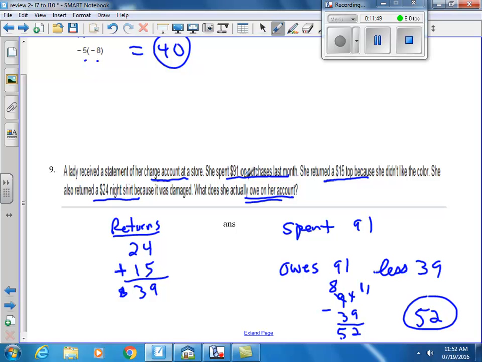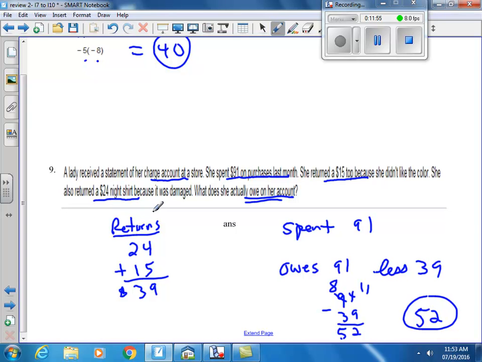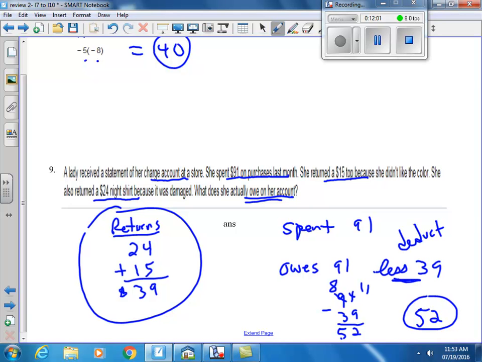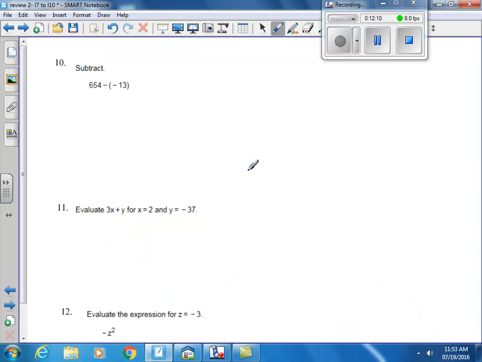So with a word problem, you just really have to map it out and think, okay, sorry about the movement on that, if she returned these, then she doesn't owe that money anymore, and we can deduct, big note to self, deduct the 39. Okay, let's try the next one.